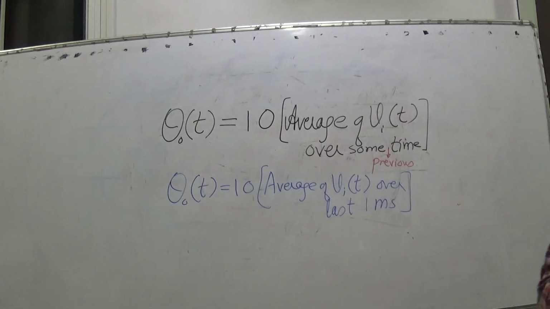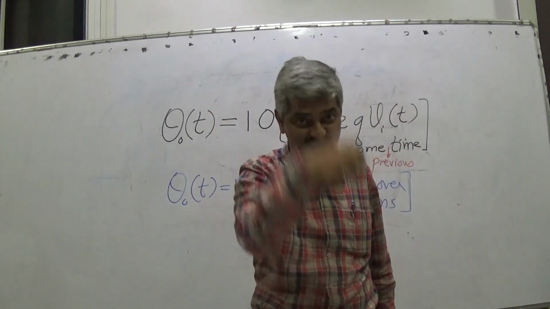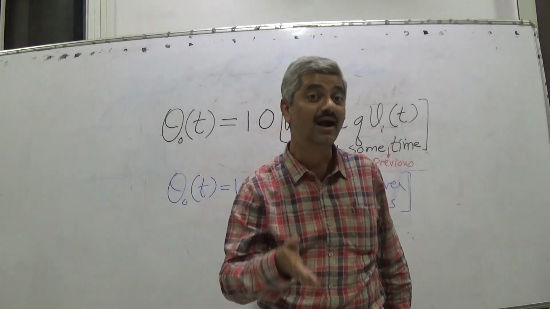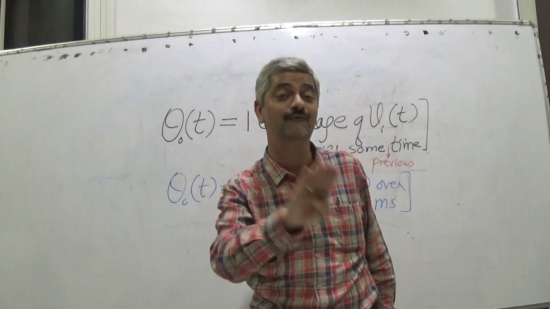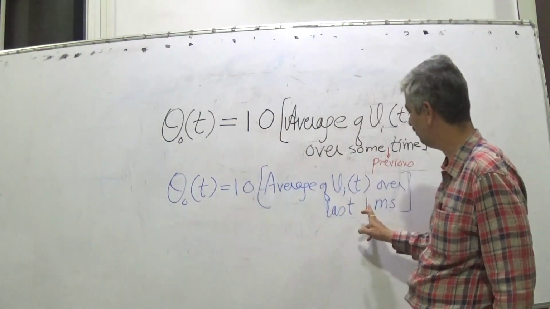What is the deflected output angular position of the pointer of the voltmeter? The output angular position of the pointer of the voltmeter is 10 times the average of the input signal. So the output signal depends on the average of the input signal over some past time, over 1 millisecond.